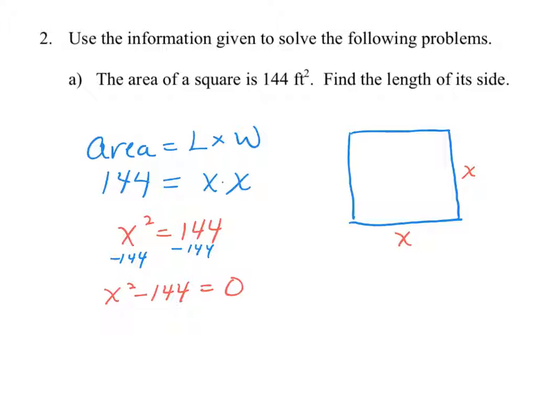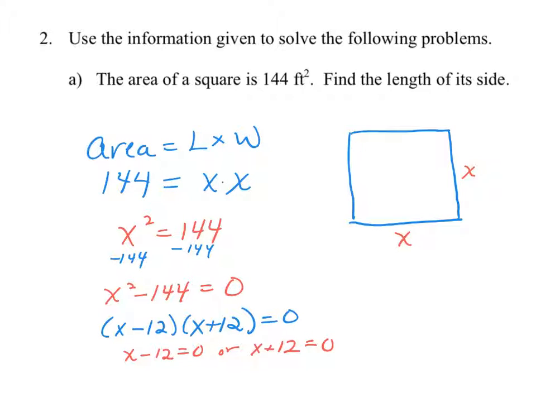We can factor that as a difference of squares: x minus 12 times x plus 12. Now we can use the zero factor property by setting each factor equal to 0. We say x minus 12 is equal to 0, or x plus 12 is equal to 0. By solving, we get x is equal to 12, or x is equal to negative 12.